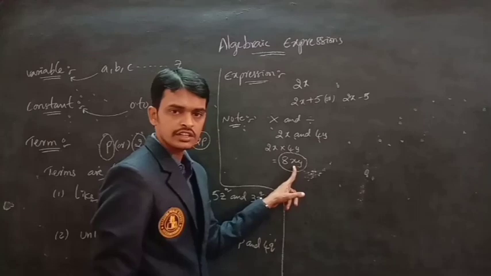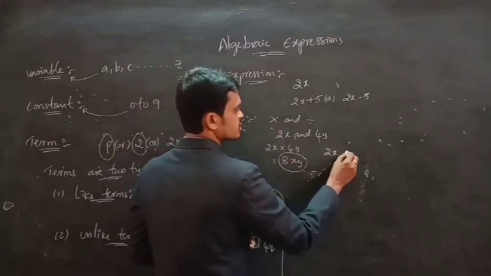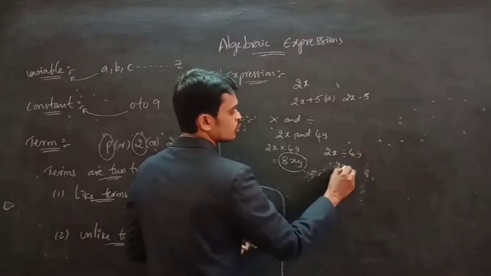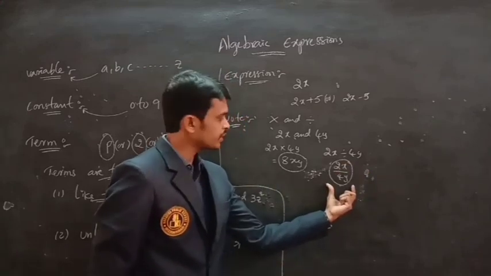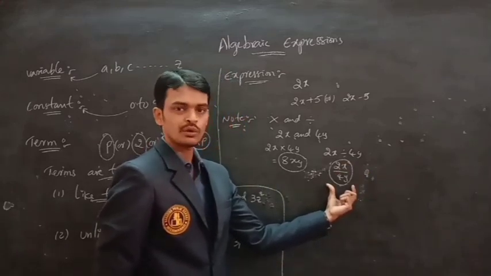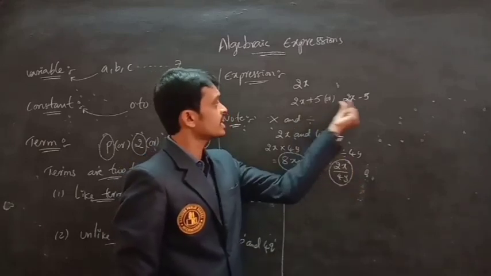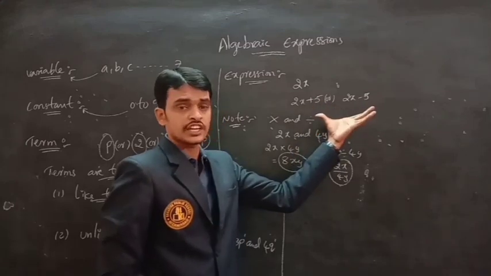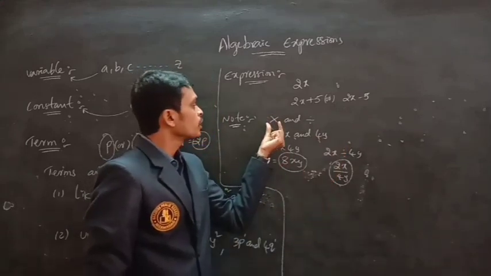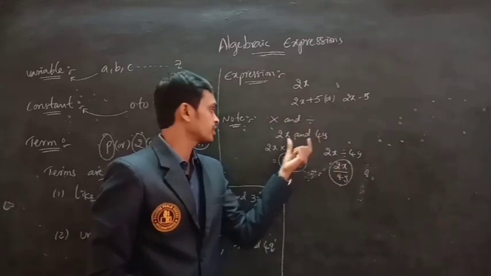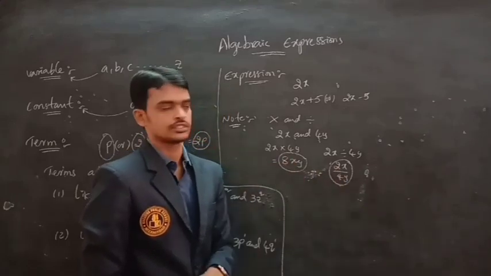Can we separate terms using multiplication? We can't. Now take 2x divided by 4y. Can we split this into two terms? No. So we write it as a single term. With plus and minus we can separate the terms, but with multiplication and division we can't.